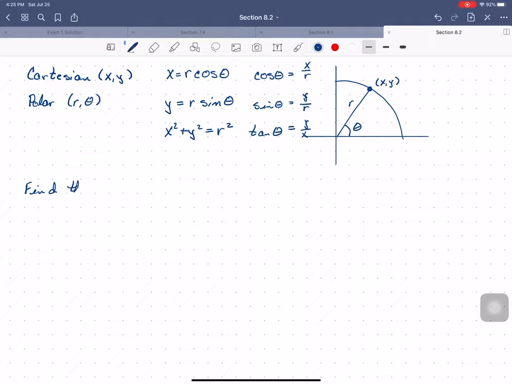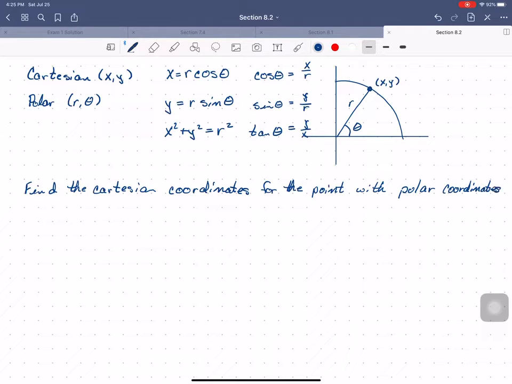So let's find the Cartesian coordinates for the point with polar coordinates r, theta equals 5, 2 pi over 3.